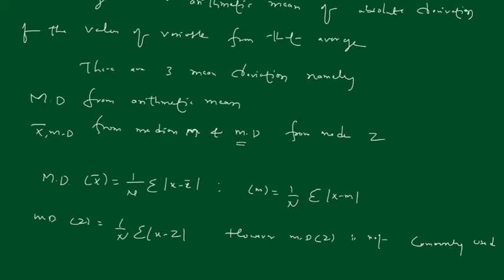So which is nothing but our mean data for mean deviation. So let's see an example for this one.